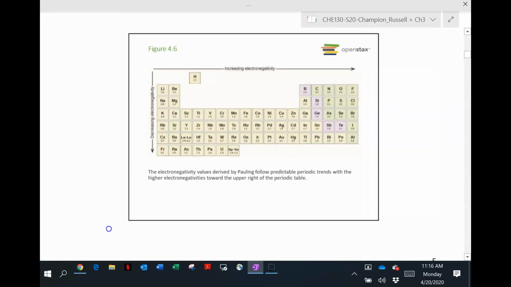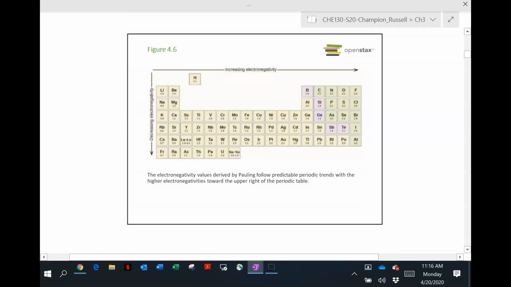Now, how do we tell how well the electrons are shared between atoms? A very useful concept is electronegativity. Usually I would abbreviate that ENEG, or just EN. Sometimes you'll see that written either of those ways.